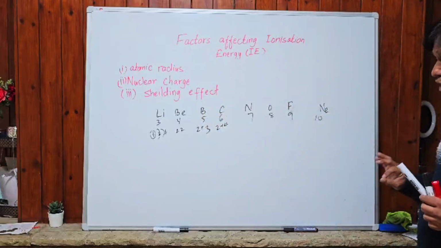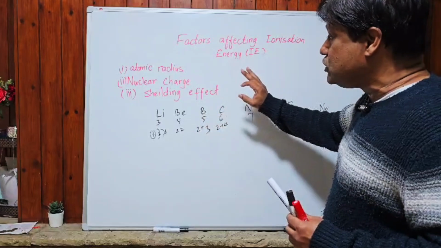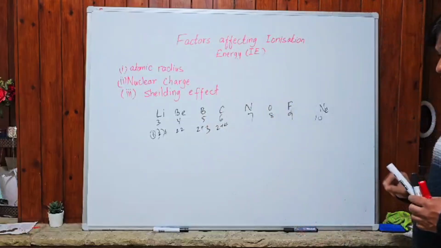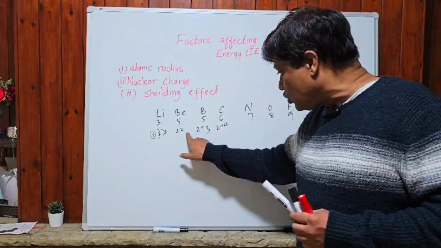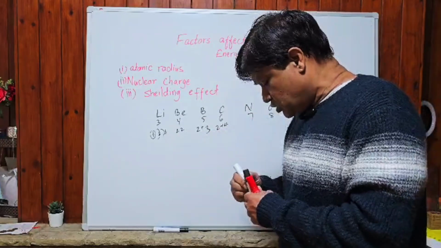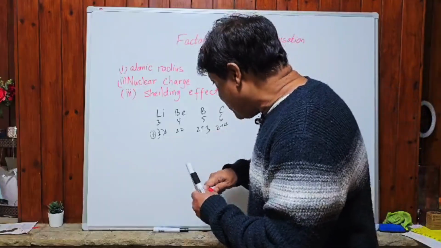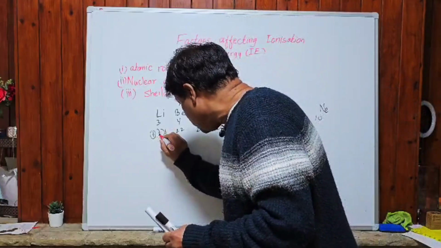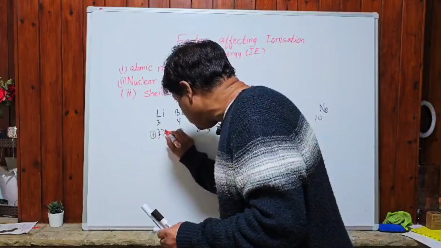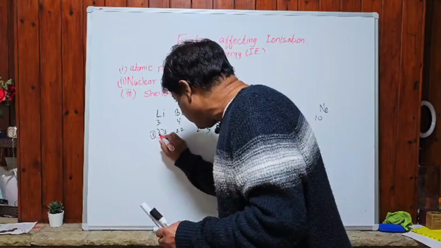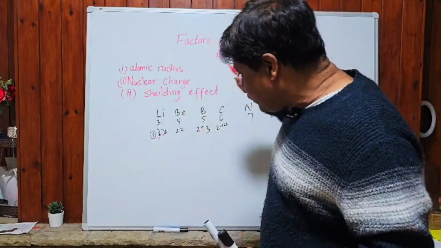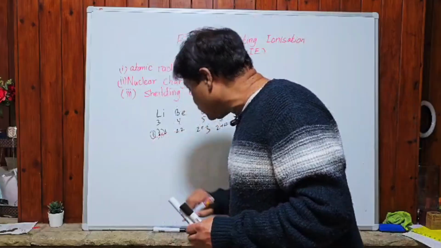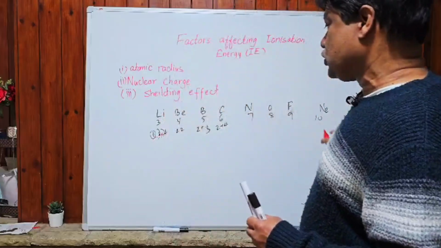So when the nuclear charge increases, ionization energy also increases. It's a strong bond. To break this force of attraction between the electron and the nucleus, some amount of energy is utilized. Then we can remove this electron.